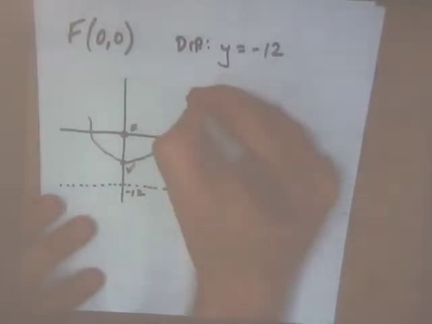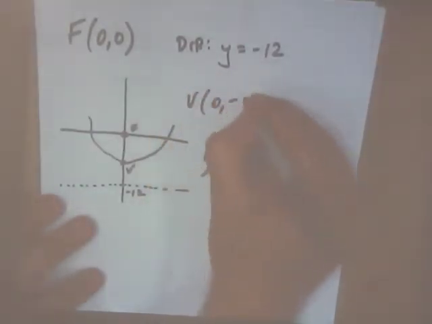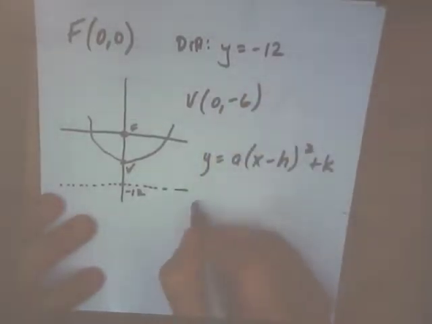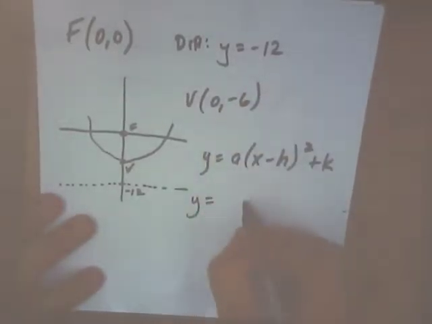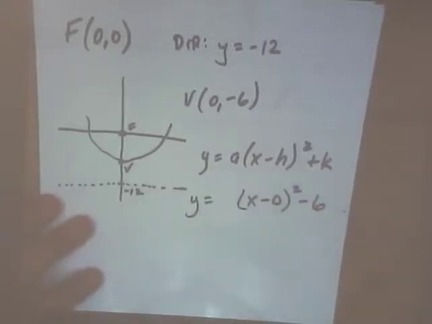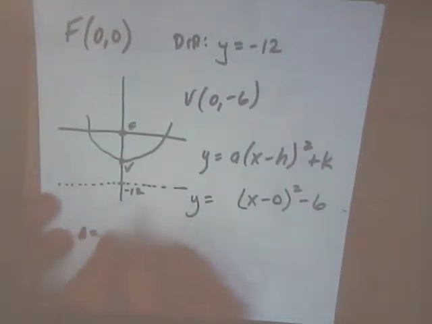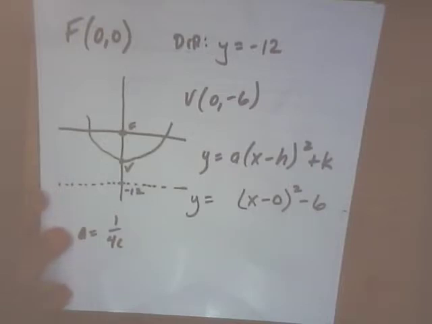We said the vertex was 0, negative 6, so we can plug that in. So y equals x minus 0 squared minus 6. And we know that a is equal to 1 over 4c. C is the distance from the vertex to the focus, or the vertex to the directrix.